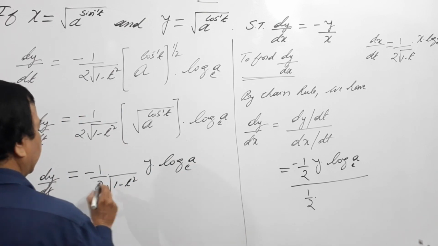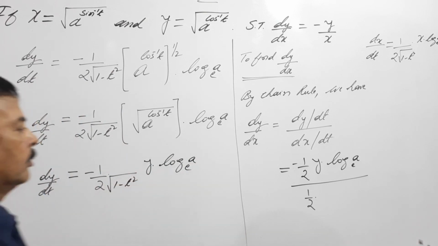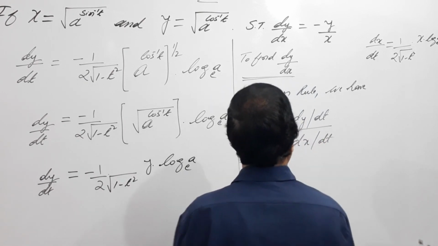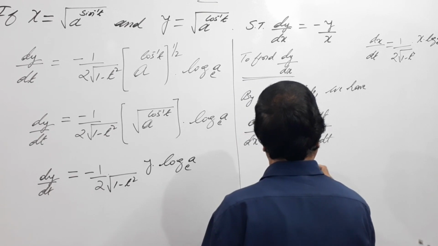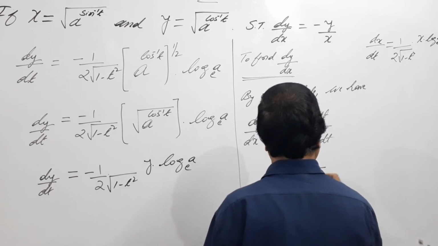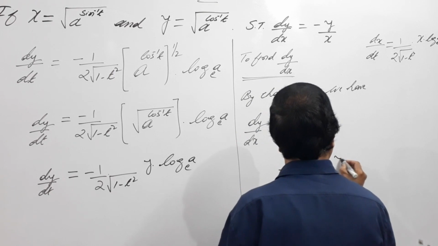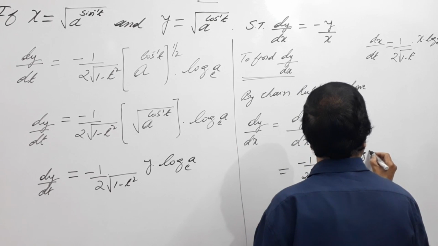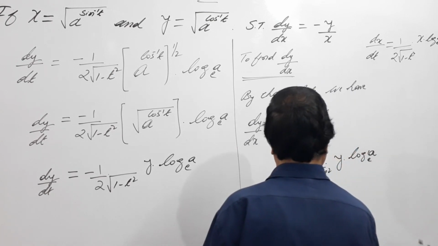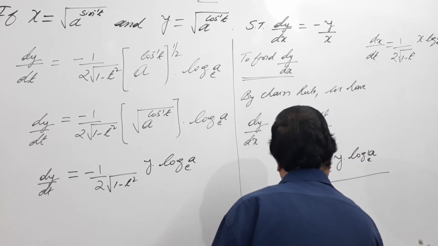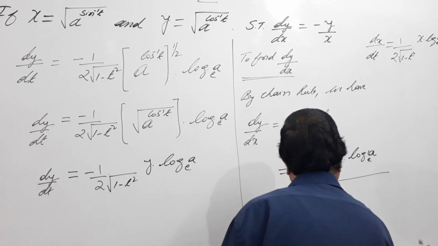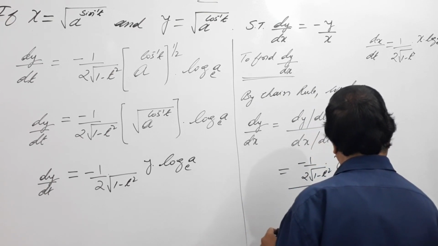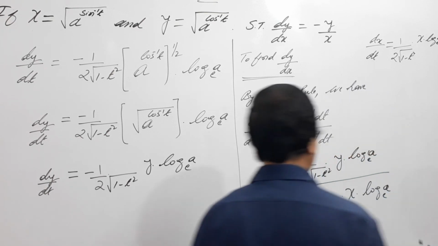So dear students, please make this correction. So here also I write this. So what is dy by dx? That is nothing but minus half into under the root 1 minus t square y into log a to base e divided by half 1 minus t square into x log a to base e.